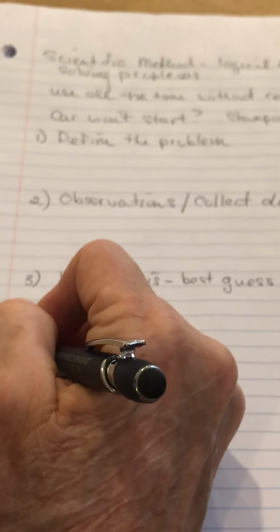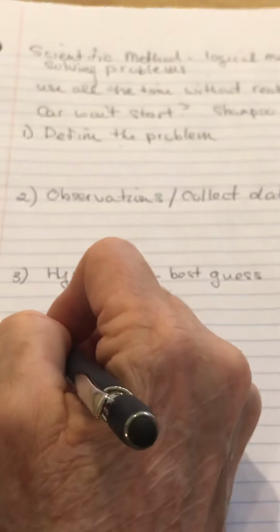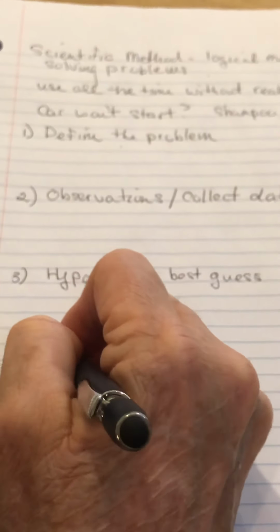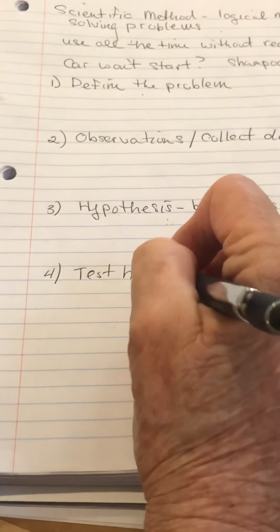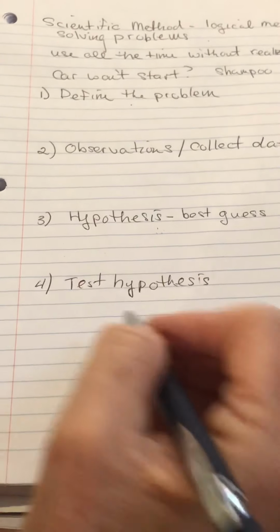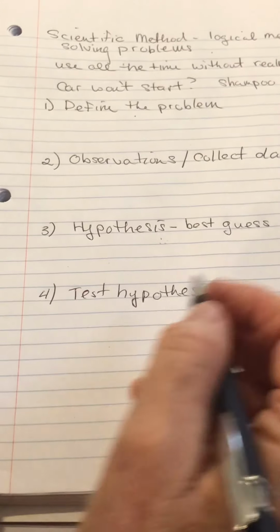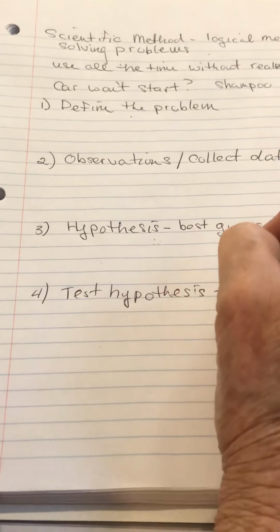The next thing, this isn't what you're writing down, by the way. You're writing down something later. You would test the hypothesis. To test the hypothesis about your brother, first of all, you're going to collect more data and try to prove your hypothesis is wrong.